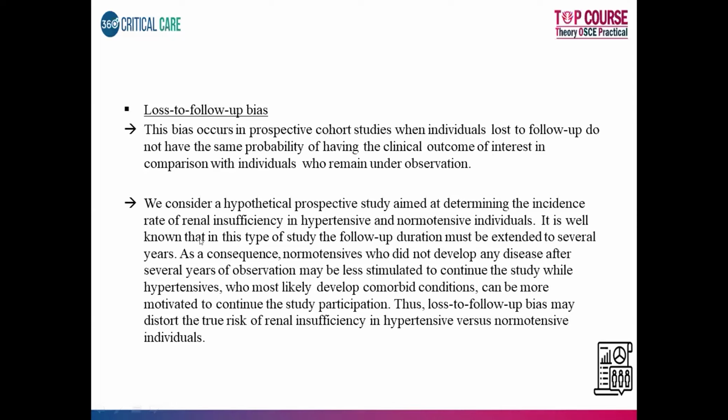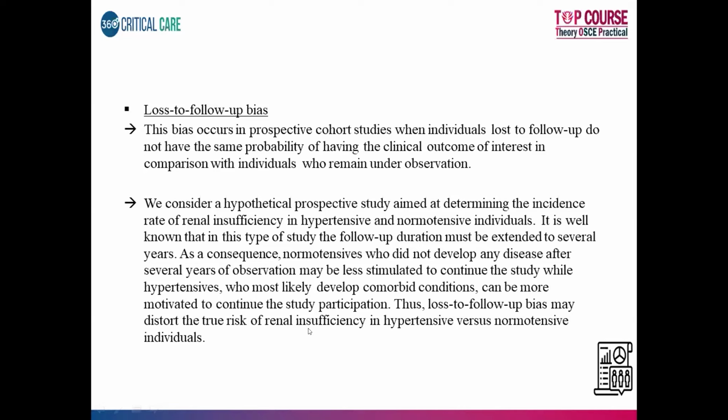So we know that it takes a lot of time for the hypertensives to develop renal insufficiency, mostly some months to years, right? So as a consequence, what happens, these normotensives who did not develop any disease after several years of observation, okay, they may be less stimulated to continue the study compared to those who have hypertension.